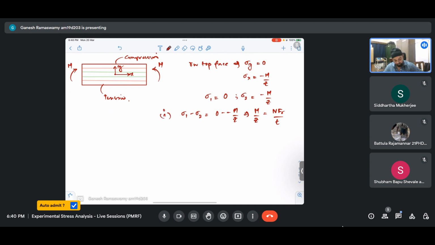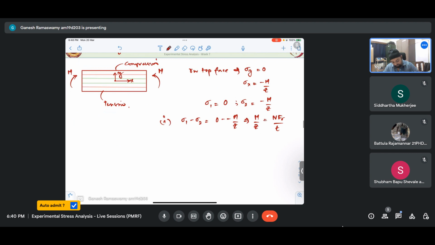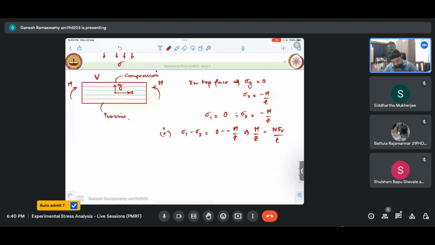Now what we do is I apply, with some external means, let us say, a point load here, a compressive load here. So at that very point, let me draw this clearly. I apply a load.